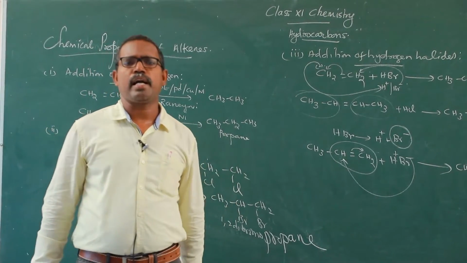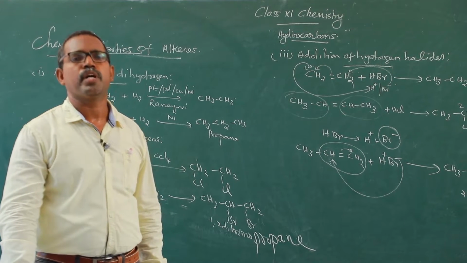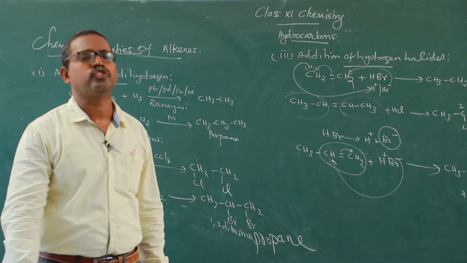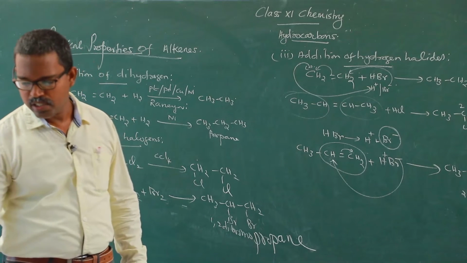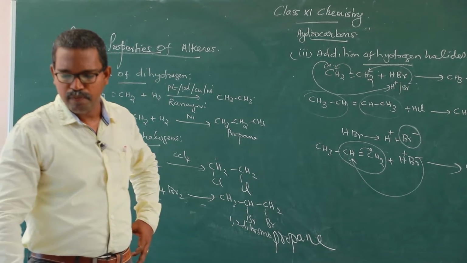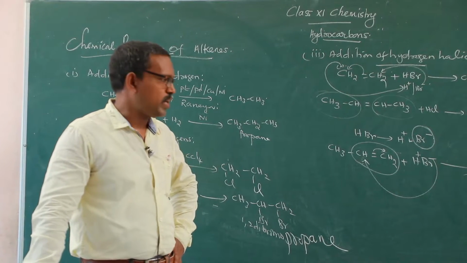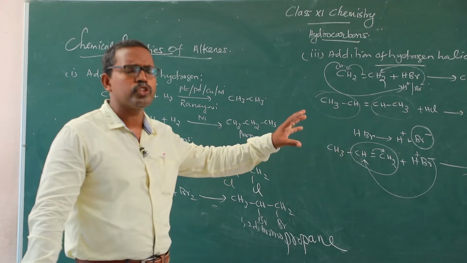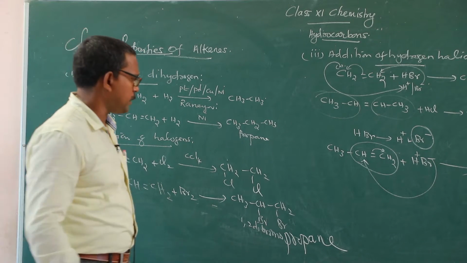What goes against the Markovnikov rule? Anti-Markovnikov addition, also called the peroxide effect or Kharasch effect, is just opposite to the Markovnikov addition. We use benzoyl peroxide.